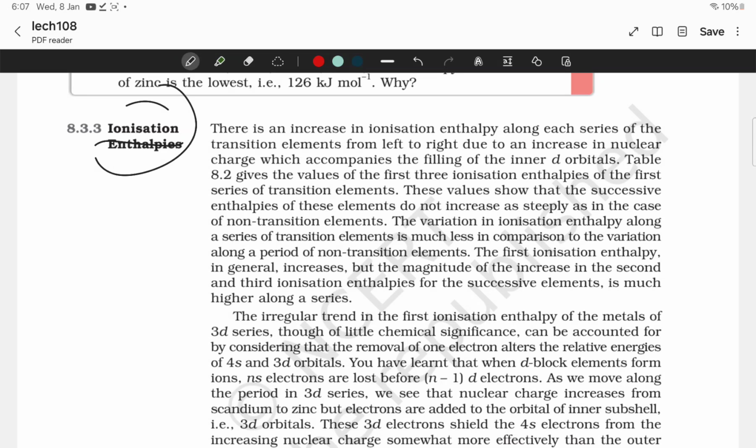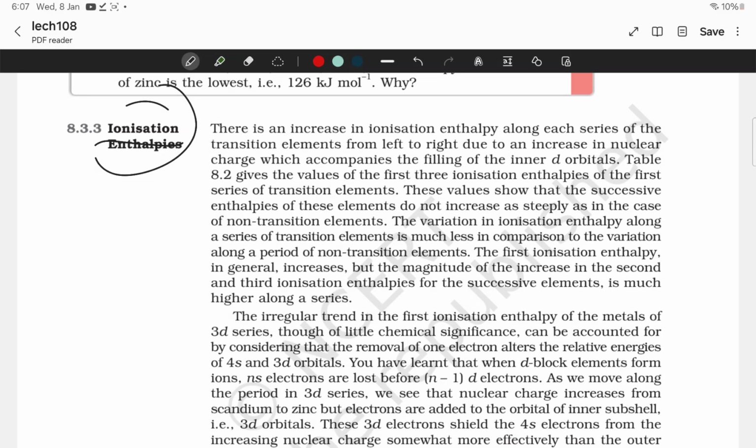The variation in ionization enthalpy along a series of transition elements is much less in comparison to variation along a period in non-transition elements. The first ionization enthalpy generally increases, but the magnitude of increase in the second and third enthalpy for the successive elements is much higher along a series.